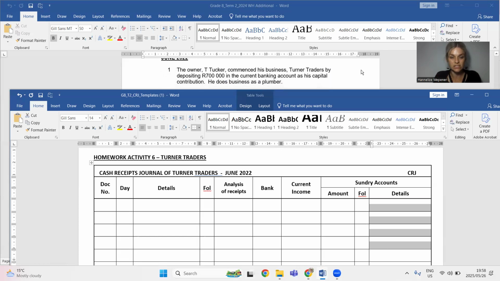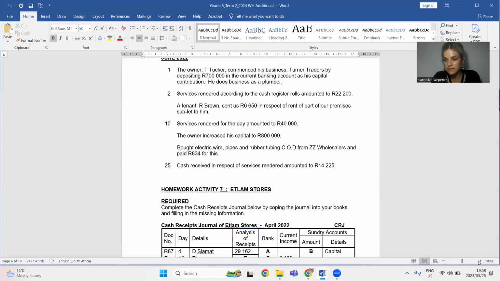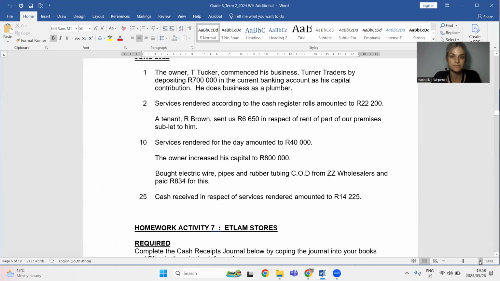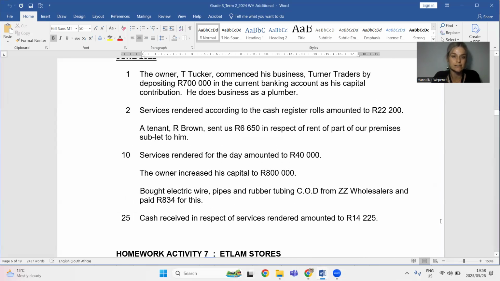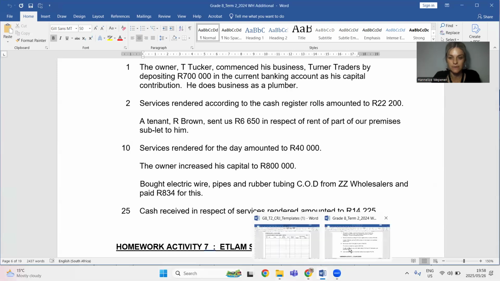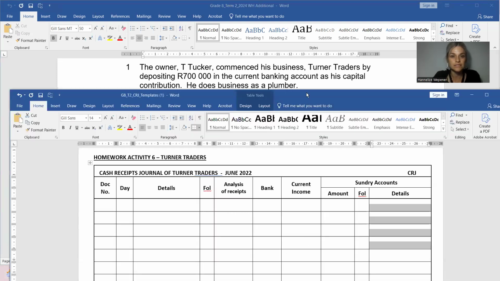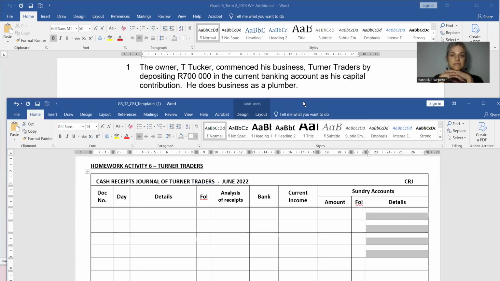So the first transaction here says that the owner, T. Tucker, let me just make this a bit bigger. I'm just going to zoom in a bit for people who are watching on their cell phones. Right, there we go. So the owner, T. Tucker, commenced his business. So remember, whenever we are looking at cash receipts, we are always asking from the business's perspective: did the business receive money?